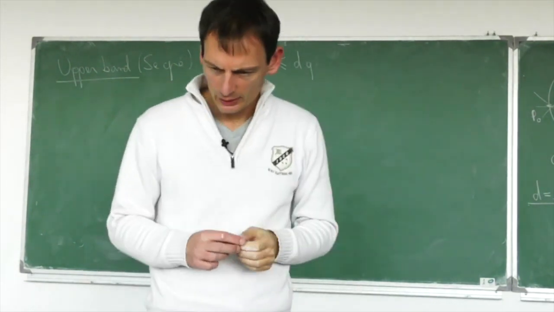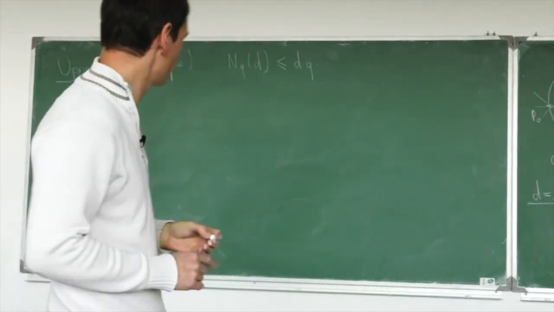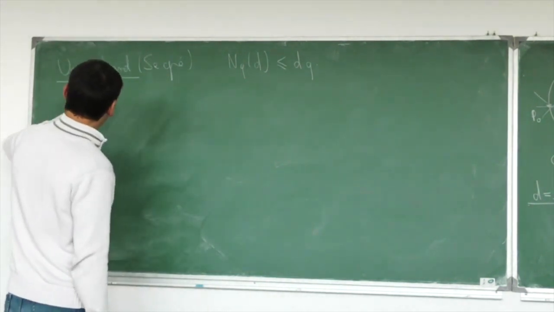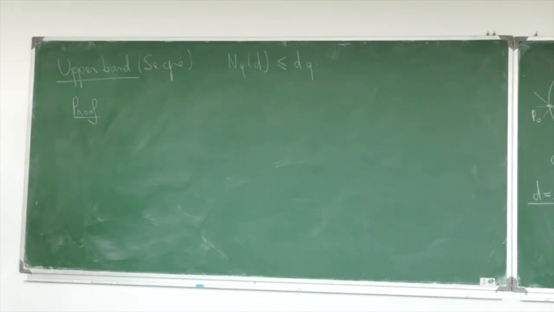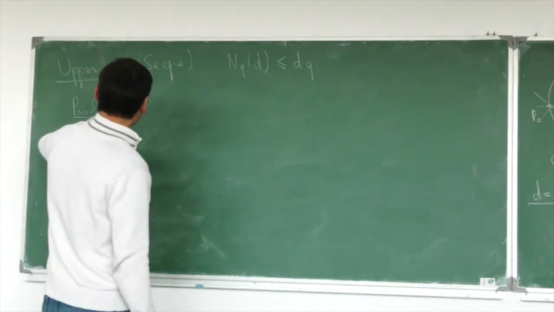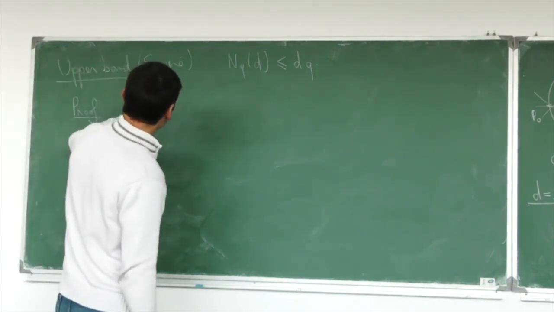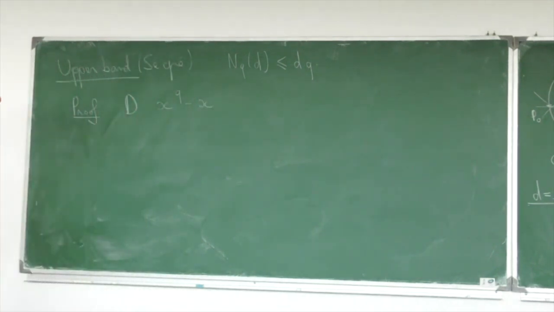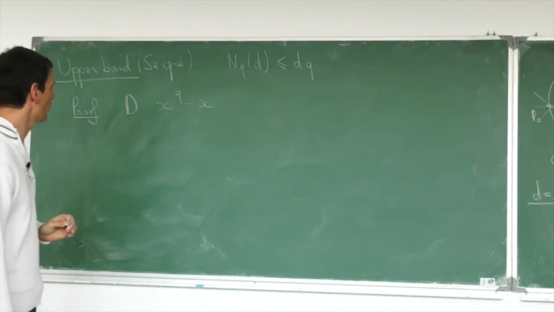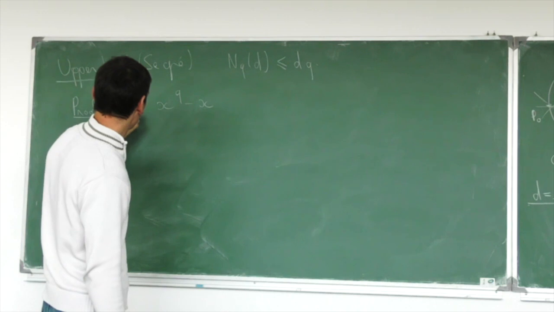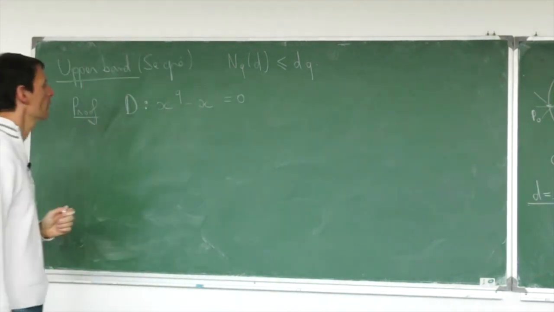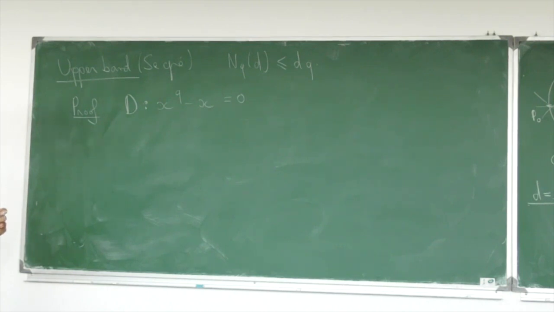Okay? So let's see how you prove it. To prove this, you introduce a new curve that I'm going to call D, and it looks like a stupid curve because it doesn't depend on y, but this is legal. It's just the curve defined by the equation x to the q minus x equals 0.